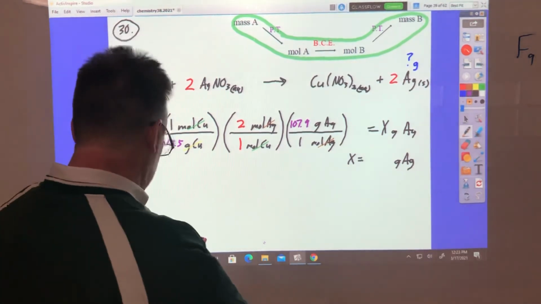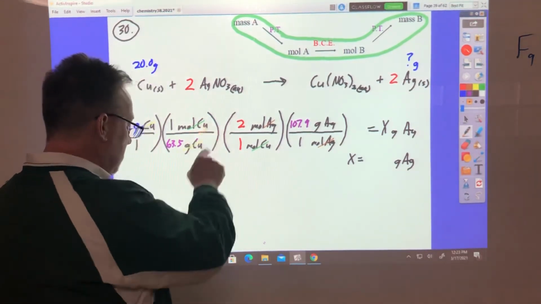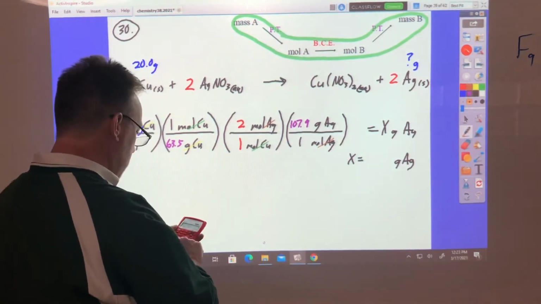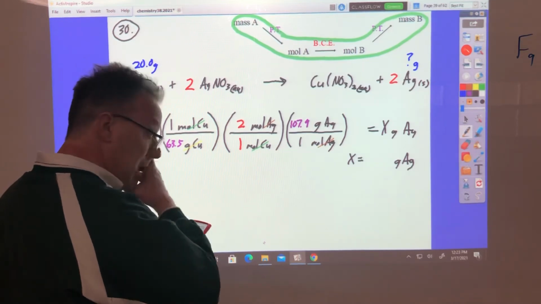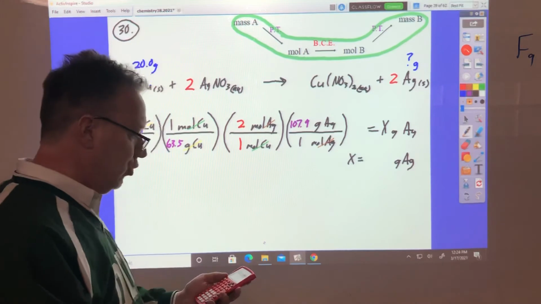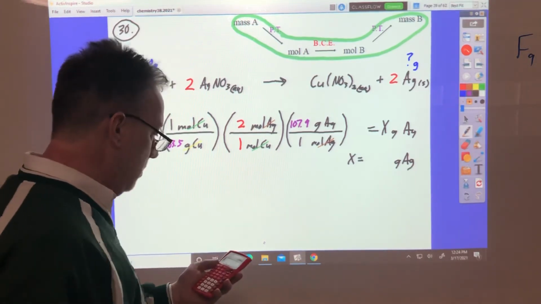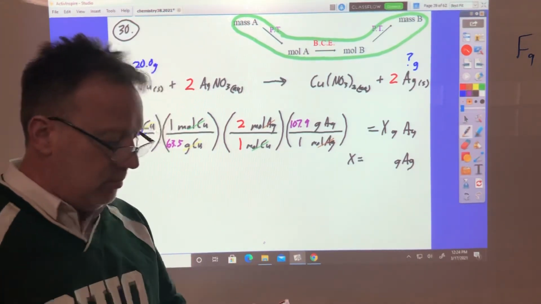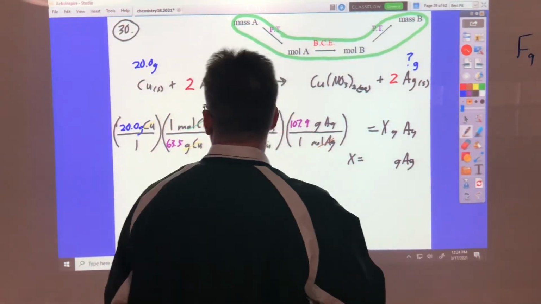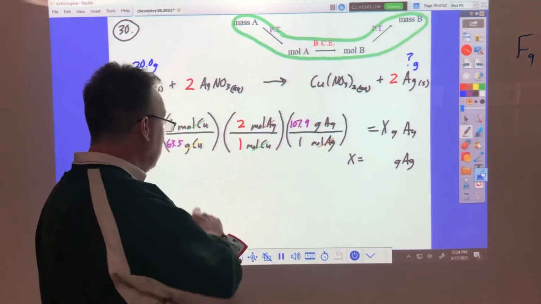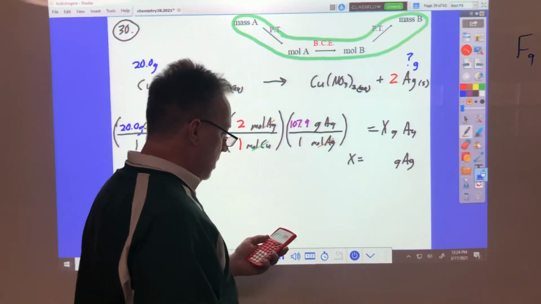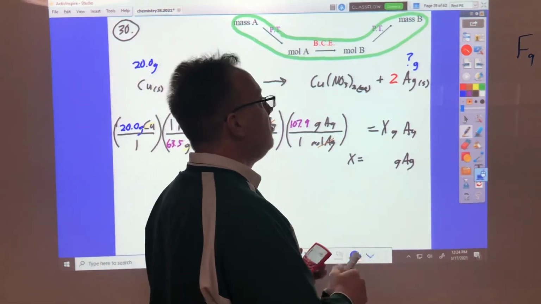When you do that, 20 times 2 is 40, times 107.9, a little less than 4,800, 4,312, divided by 63.5, because that's 1 times 1 times 1 times 63.5, is 67.9 grams of silver.